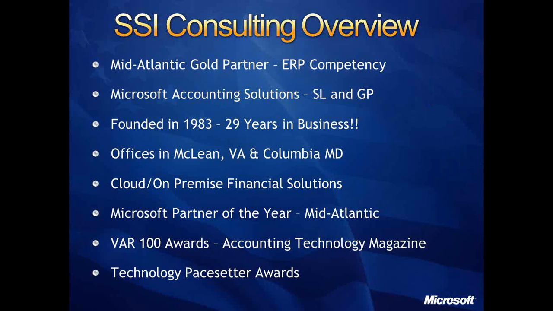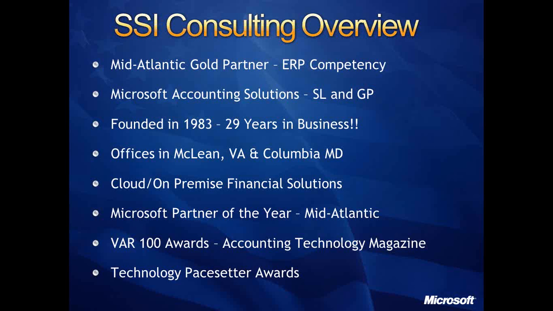We've got offices in McLean, Virginia and Columbia, Maryland. Like Uninet, we offer the product both in a cloud version and an on-premise version. Lately, about half of our customers are selecting to be in the cloud. Three years ago, almost no one was in the cloud. We've been selected as the Microsoft Partner of the Year for the Mid-Atlantic.